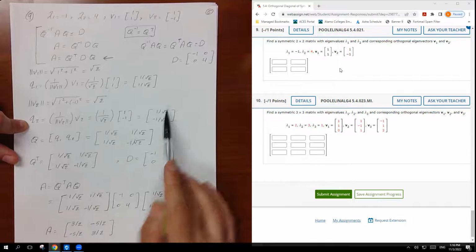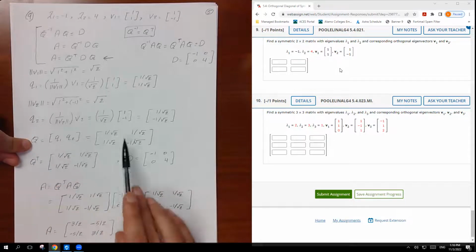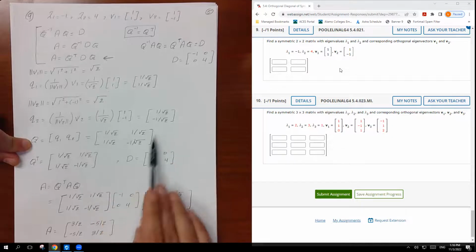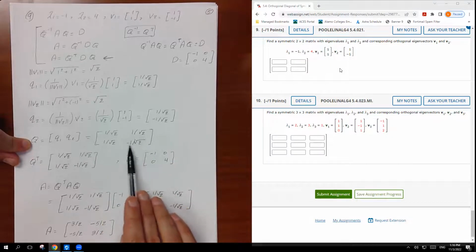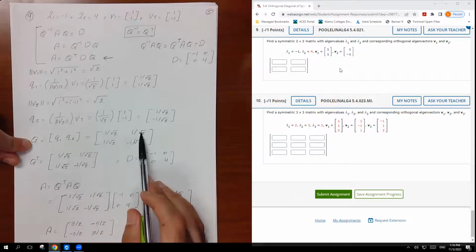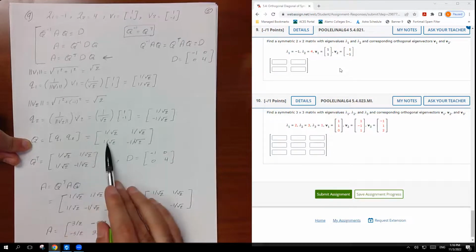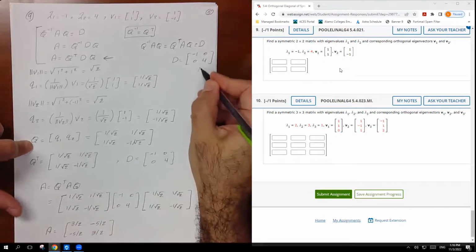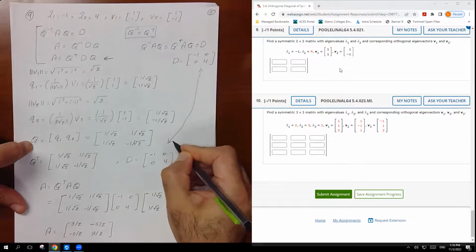That means our matrix Q is going to be 1 over square root of 2, 1 over square root of 2, 1 over square root of 2, and negative 1 over square root of 2. The transpose: the first row is going to be the first column, the second row is going to be the second column. And here is the matrix D, which is the same thing.